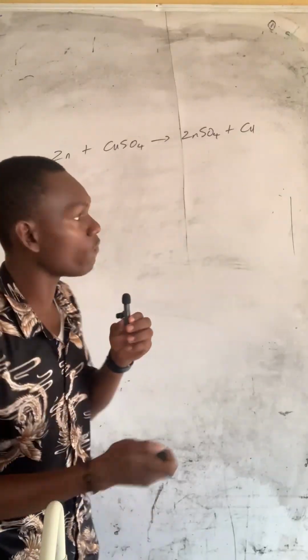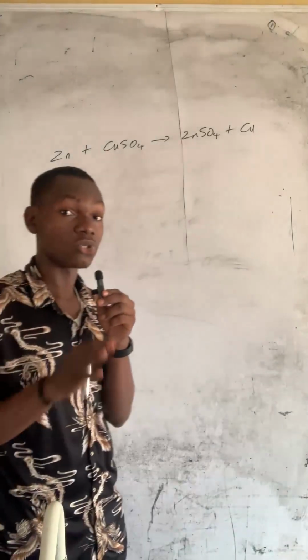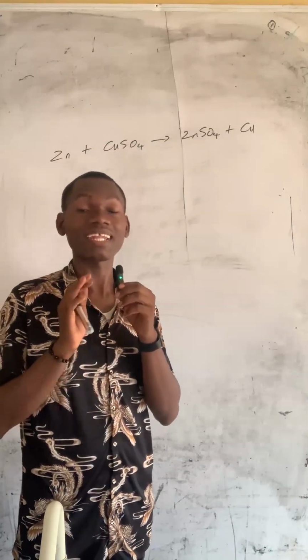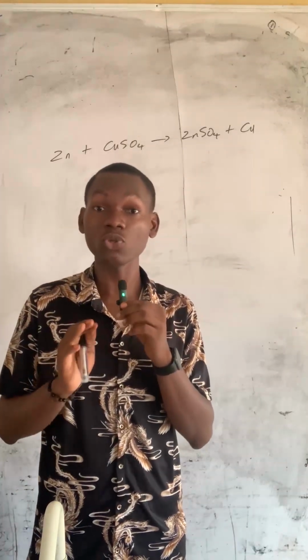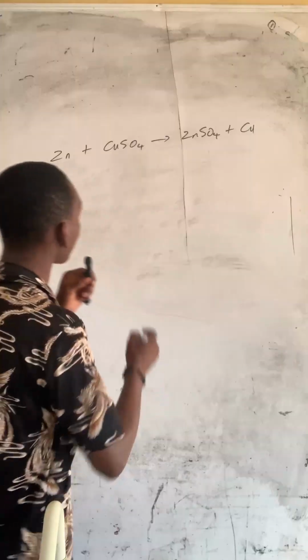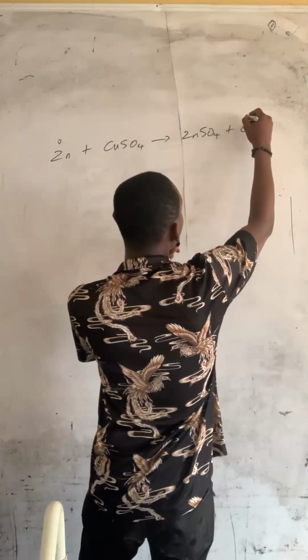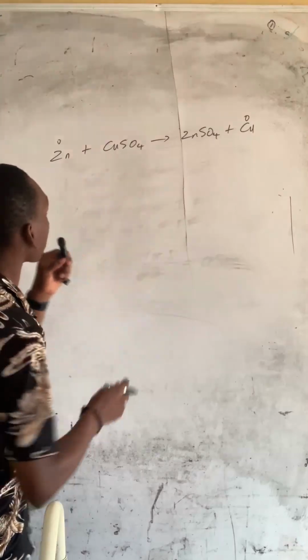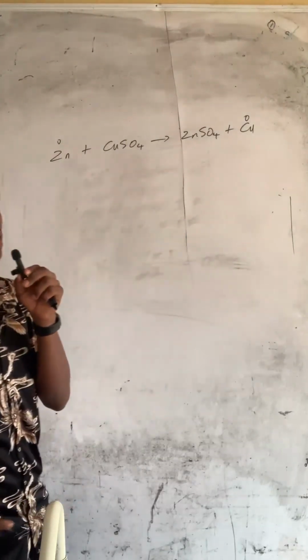Now, what is the oxidation number of zinc here? Remember the rules in oxidation number. When an element is alone, a neutral element, its oxidation number is zero. So the oxidation number of zinc here is zero, and that of copper here is also zero. Now, what about copper and zinc in the sulfates?